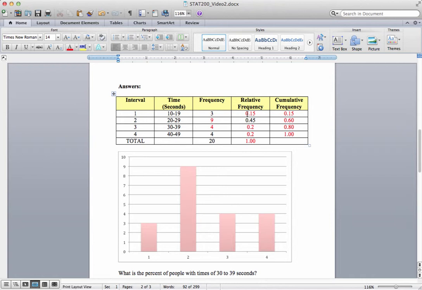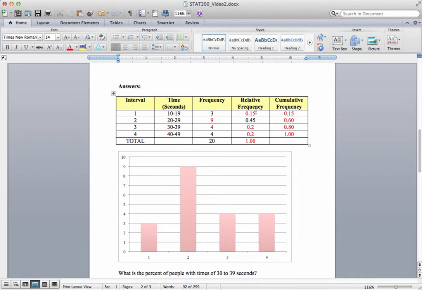The relative frequency, again, is a percentage. So if I want to find the relative frequency of interval 1, I take 3 divided by 20, and I get 0.15, or 15% of the samples are in that interval. For the cumulative frequency, I add up the relative frequencies in a cumulative way.